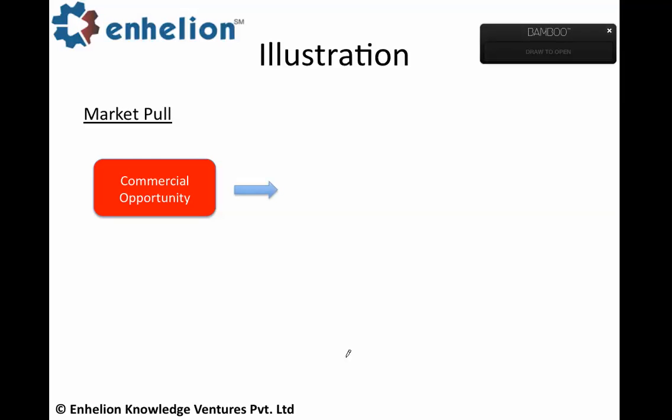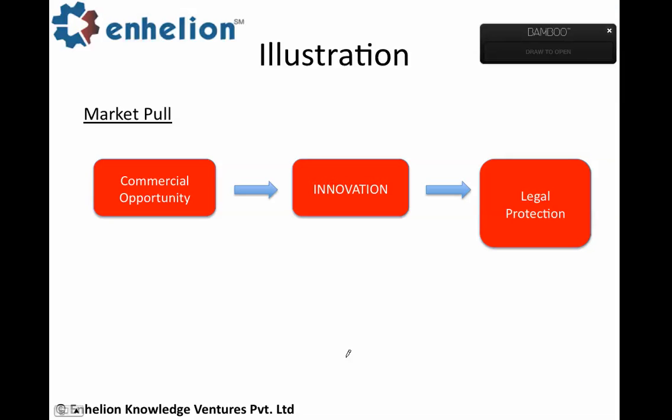Now, as you can see, the company sees a commercial opportunity, that is stage 1, then it innovates and tries to find and develop a technology or a product for that market. It then obtains legal protection, which will be dealt with in a separate presentation, and then it goes in for commercialization.